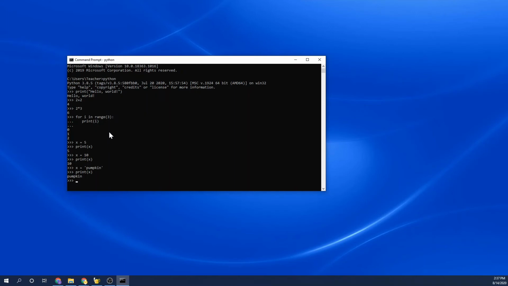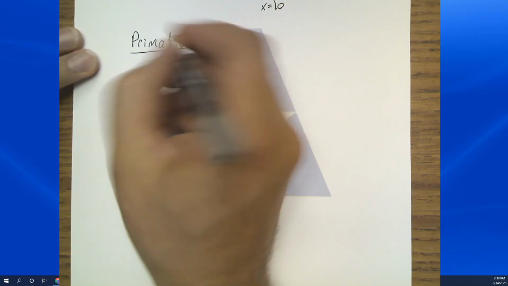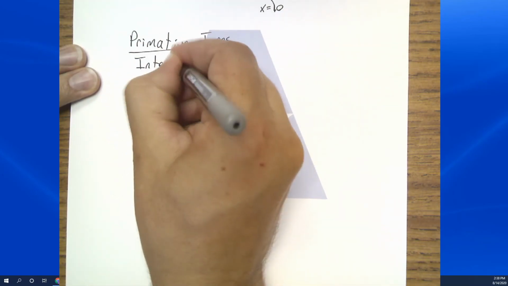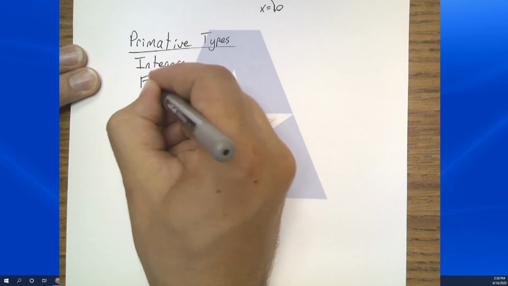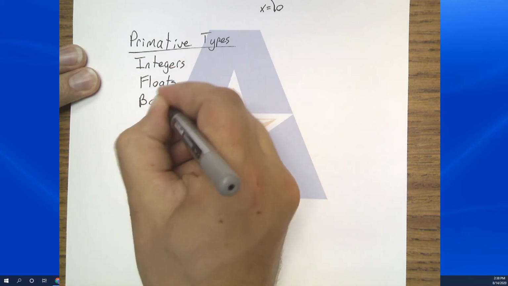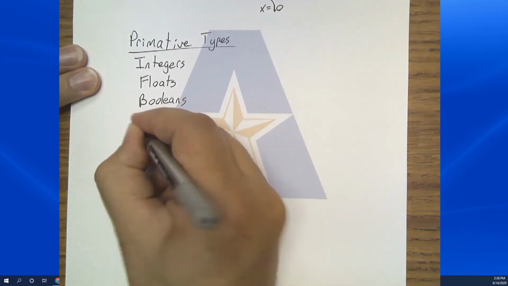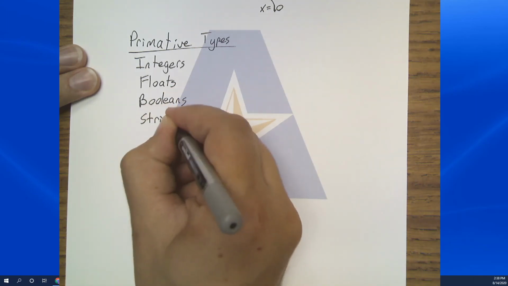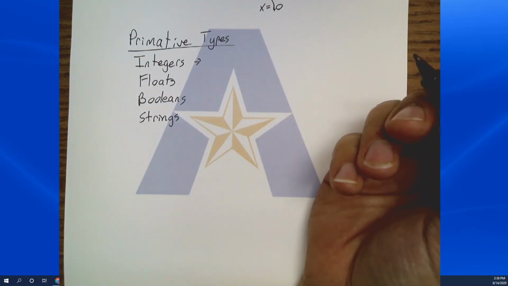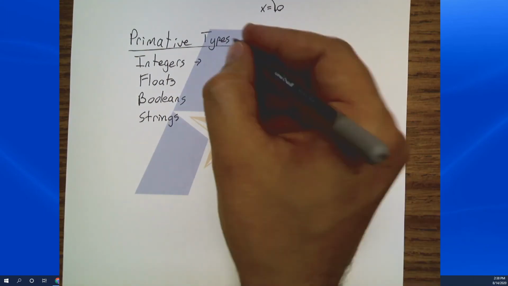And in fact, in Python, we have 4 primitive types, basic types of variables. And those primitive types are integers, floats, booleans, and strings. Integers are what you already know from math class, are integers, right?